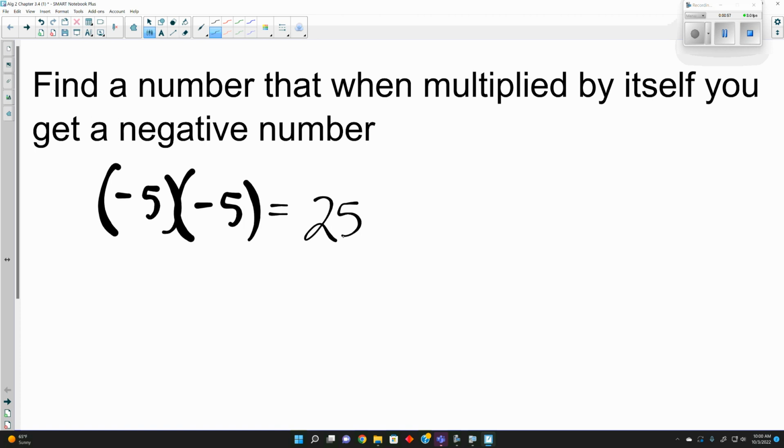Anybody come up with one? What about negative 5 times 4? By itself.